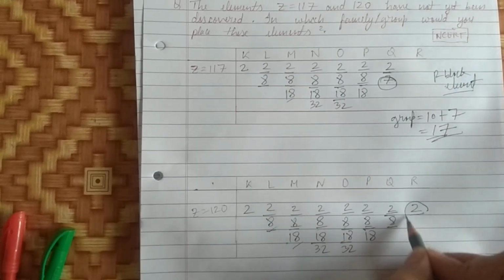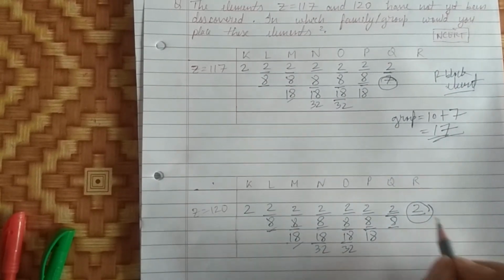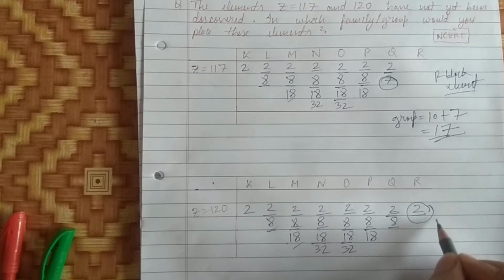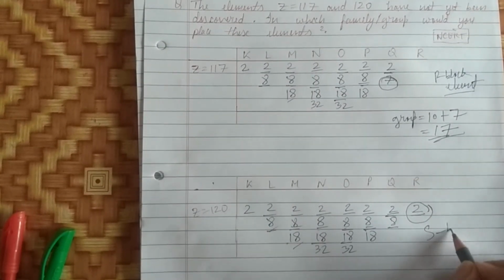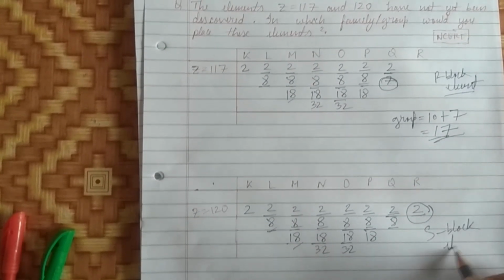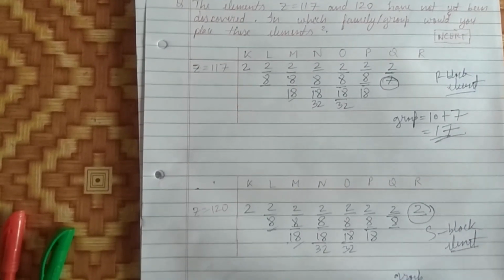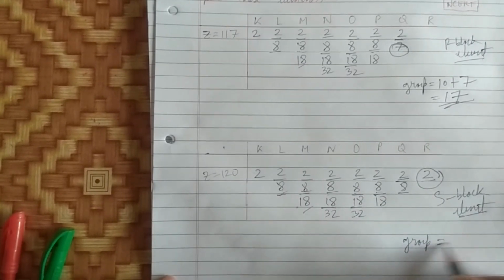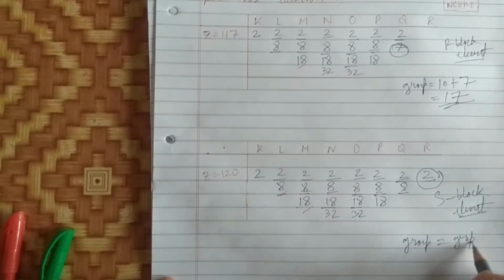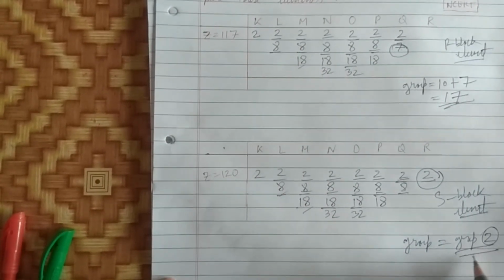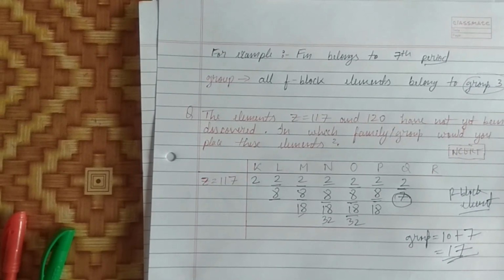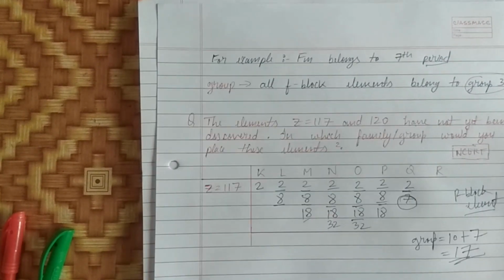The last electron enters the nth shell, and the electron is ranging between 1 or 2, that's why it's an s-block element. The group number will be the number of valence electrons, equal to group 2. All right, very easy question, but it is very important from the perspective of the exam.